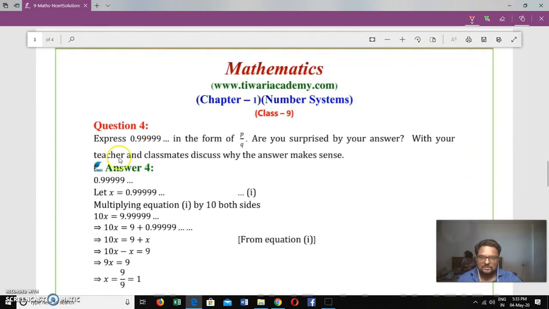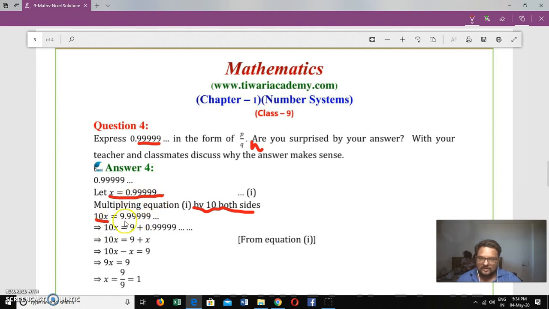Question number 4, 0.9999, and represent it in p upon q form. Since a single digit is repeating again, we're going to multiply by 10 on both sides. But before that, let's start the question by assuming x equals 0.9999. Multiplying by 10 on both sides, it becomes 10x, and 9.9999.